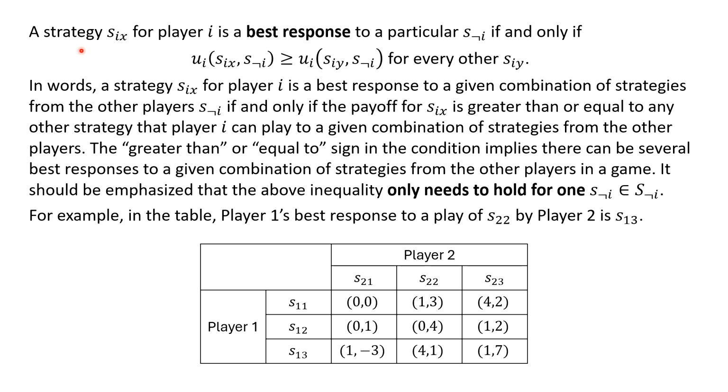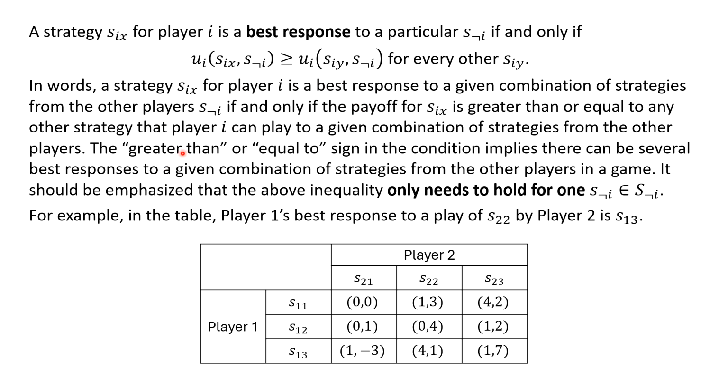A strategy S sub IX for player I is a best response to a particular combination of responses from the other players if and only if the payoff for S sub IX is greater than the payoff for S sub IY.